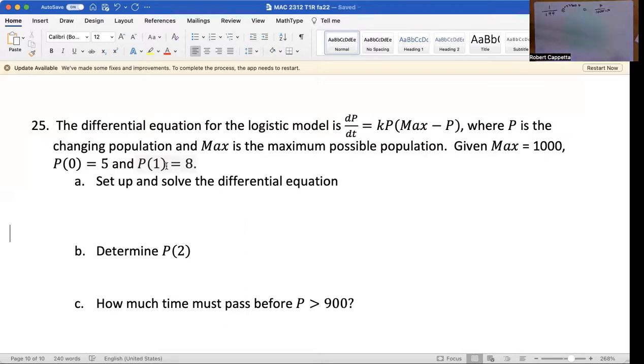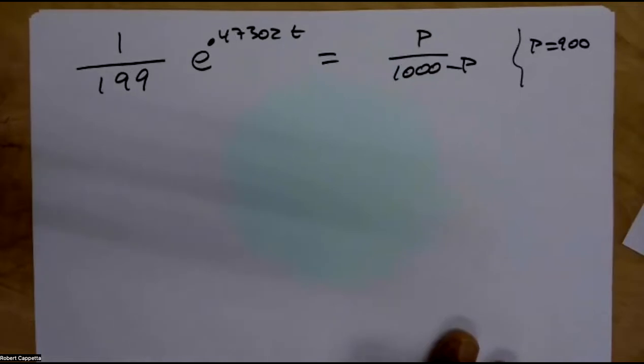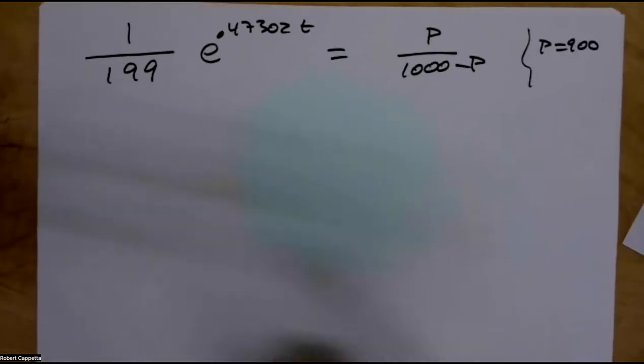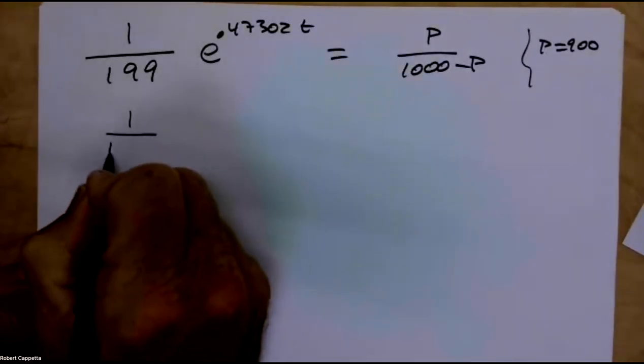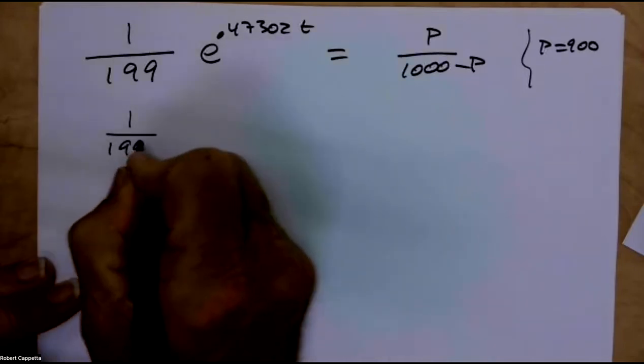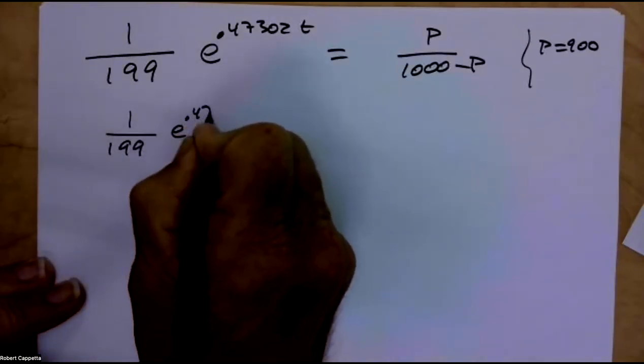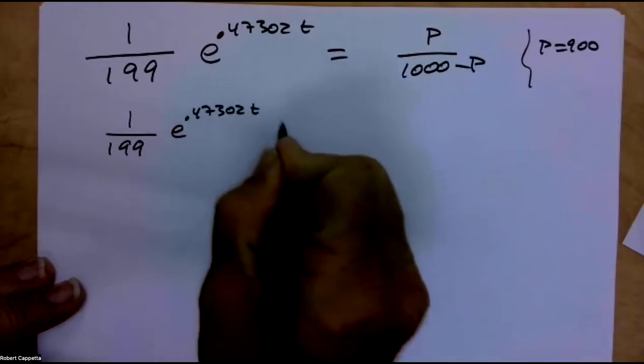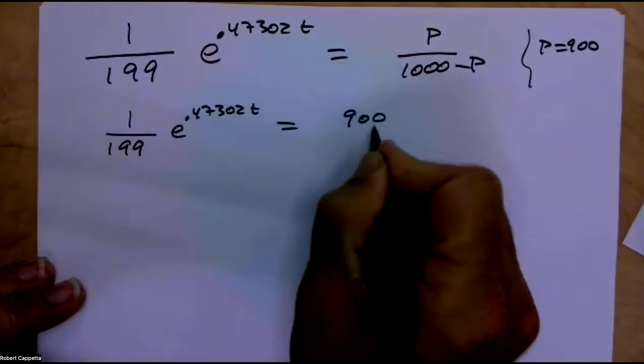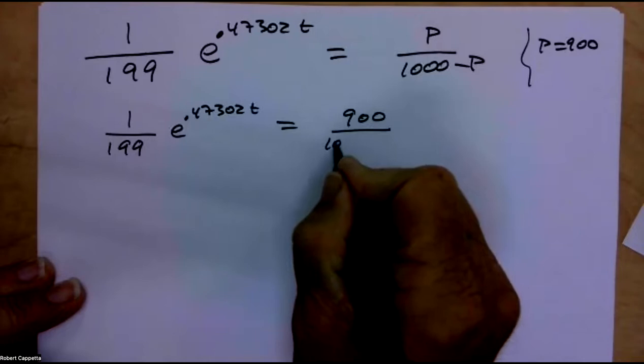And this time we want p to be 900. So 1 over 199 e to the 0.47302t equals 900 over 1,000 minus 900.